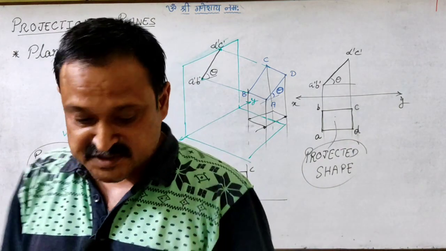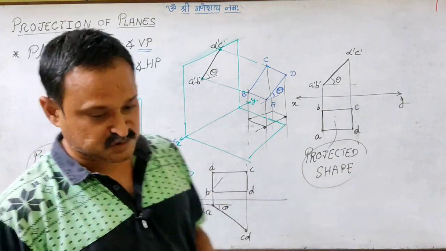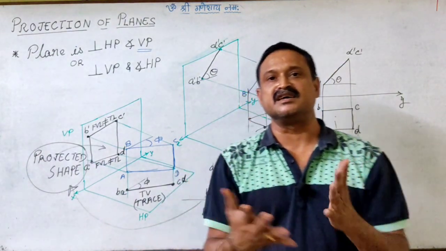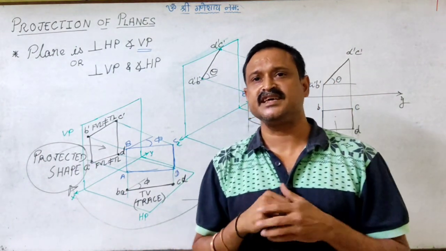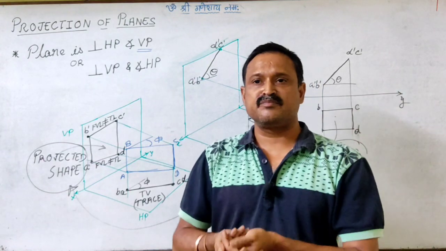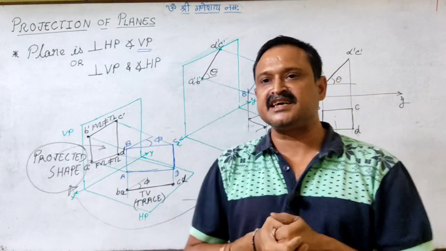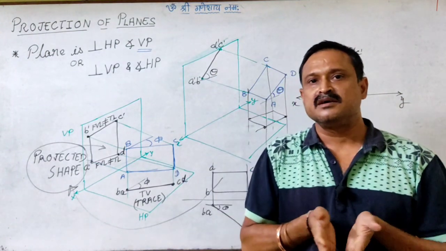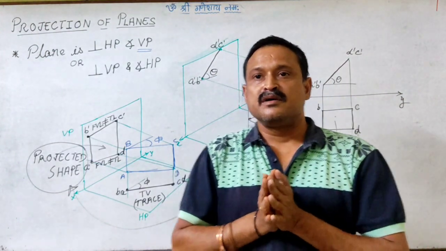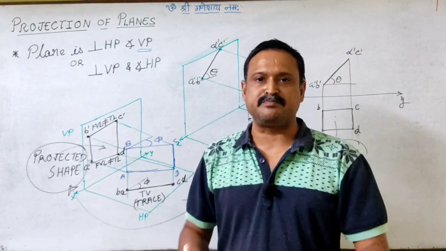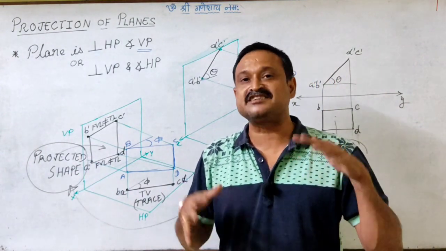Now why these steps are important for us to understand is because we are provided with simply the conditions of the plane. Say it is inclined to HP by some theta, and the plane is inclined to VP by some phi. So we cannot put both these inclinations together in one step itself. So we have to put it step by step.